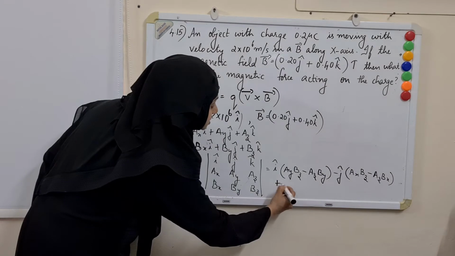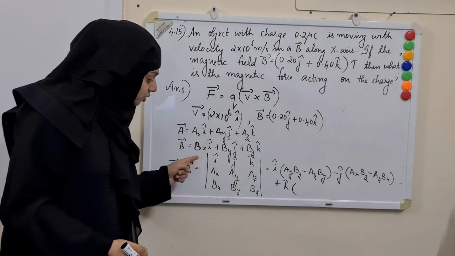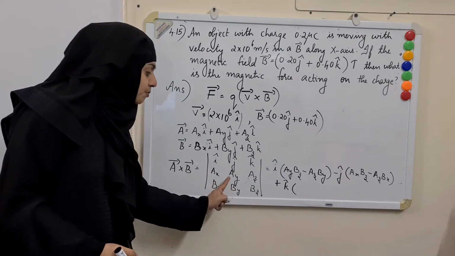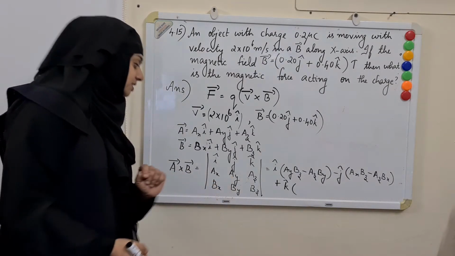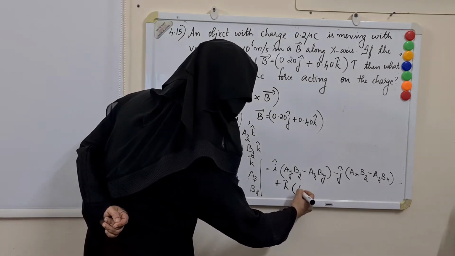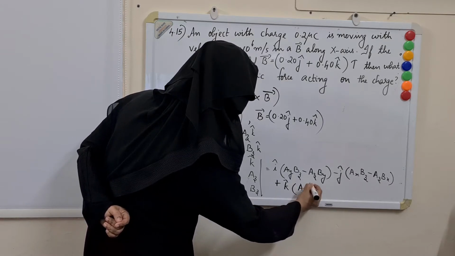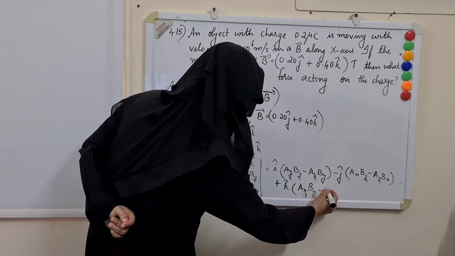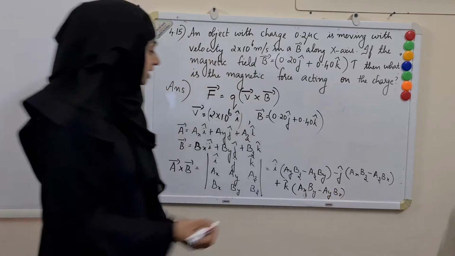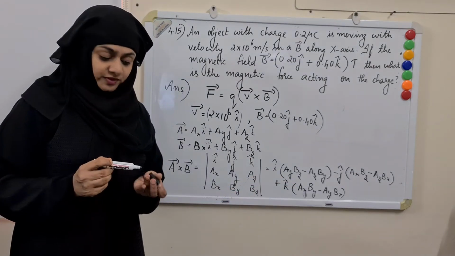Then the next term will be plus k cap into, you have to multiply these two, Ax By minus Ay Bx. So this is the method of finding the cross product of two vectors.